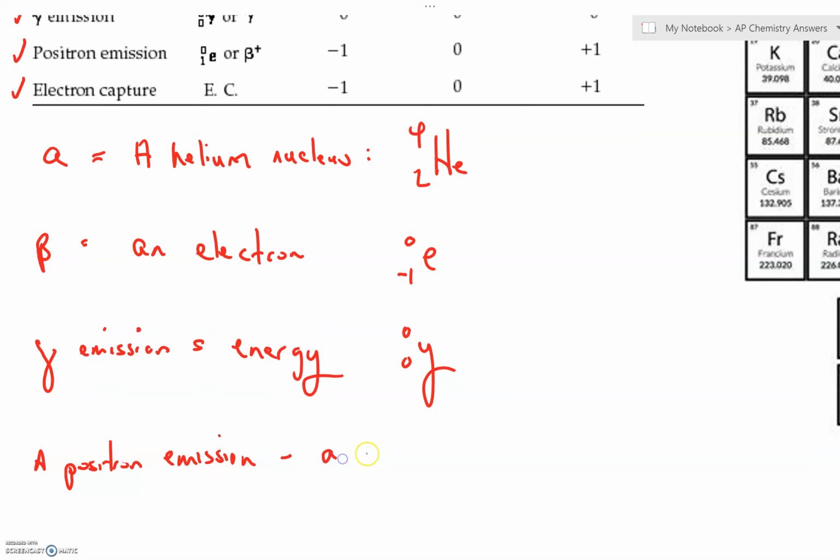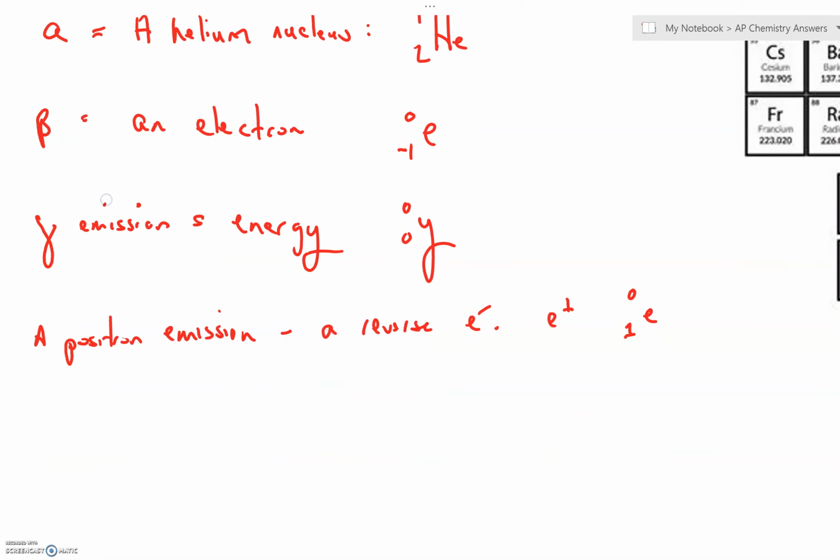You could call it a reverse electron. Some people have even written it as e positive, but that's kind of a mind bender, so I never write it like that. A lot of them will just simply write that it is an electron with a charge equivalent to 1 proton. And finally, something called electron capture.